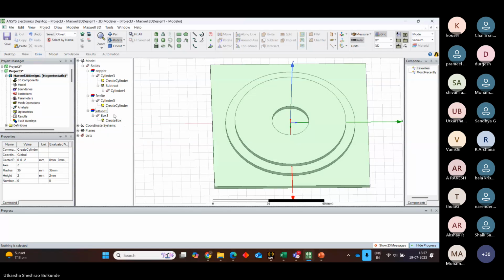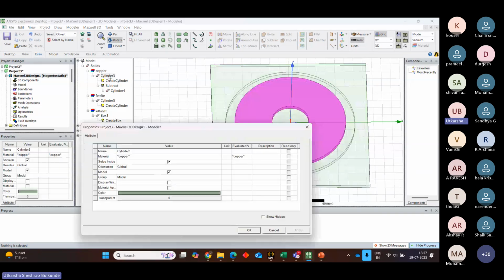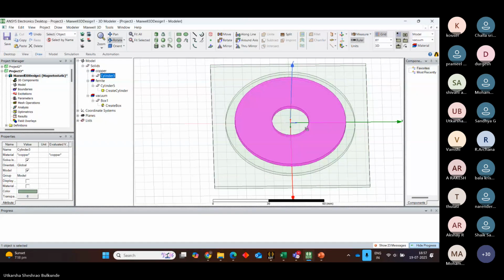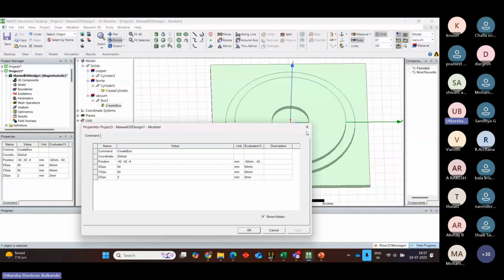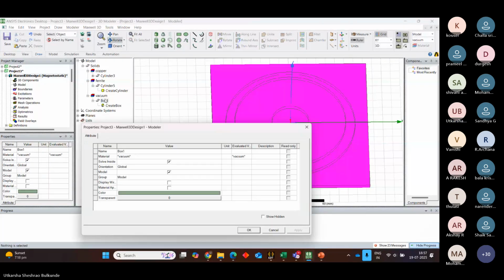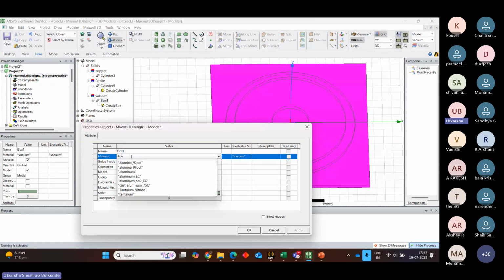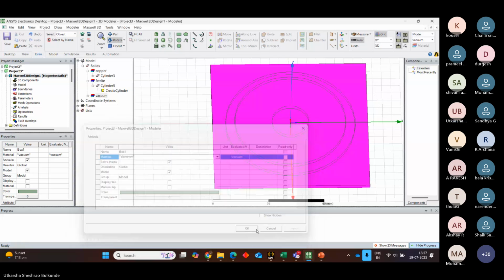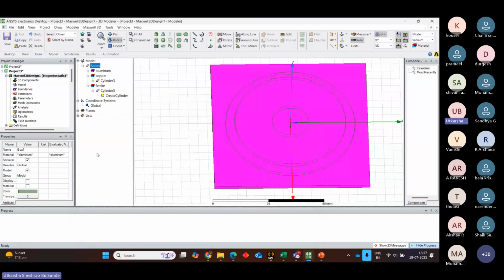Fine. So we will just change this. This is copper, this is ferrite. We will just change this material to aluminum. Right? Can you see?